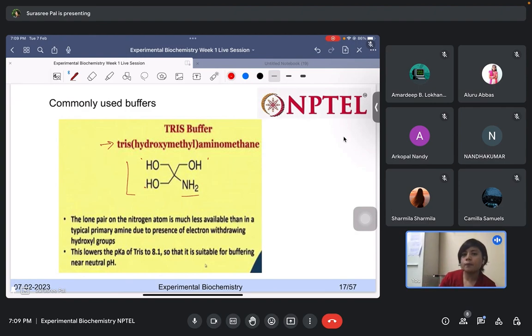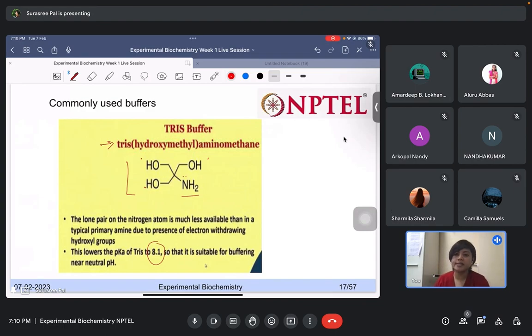There is a lone pair on this nitrogen, right? But this lone pair is less available because it is pulled by the 3 hydroxyl groups, right? Which is why it lowers the pK of the tris, which is approximately 8.1.